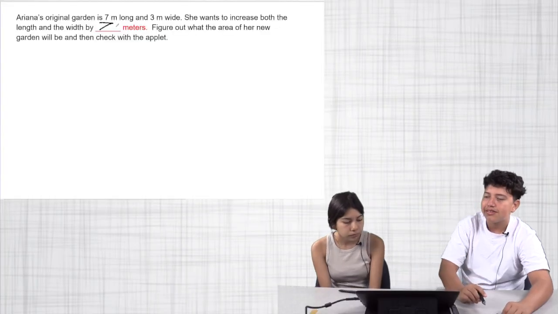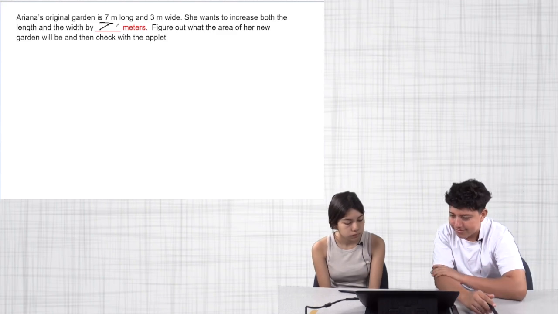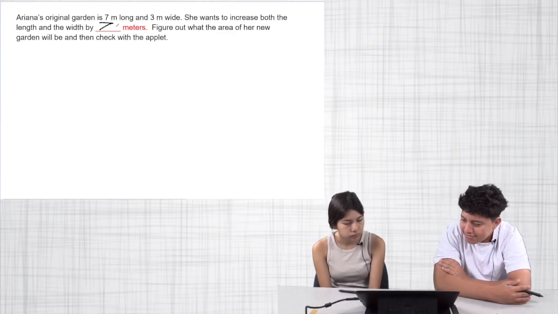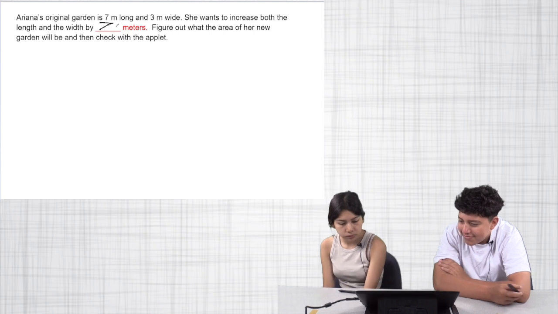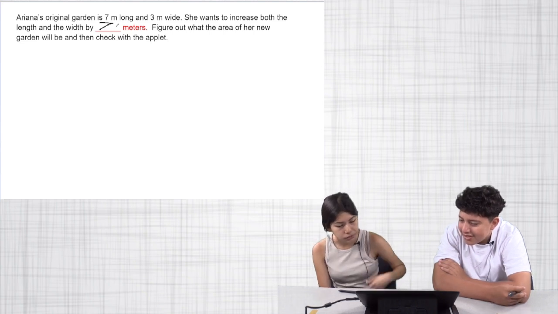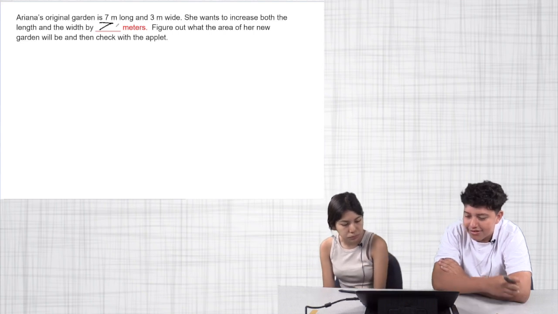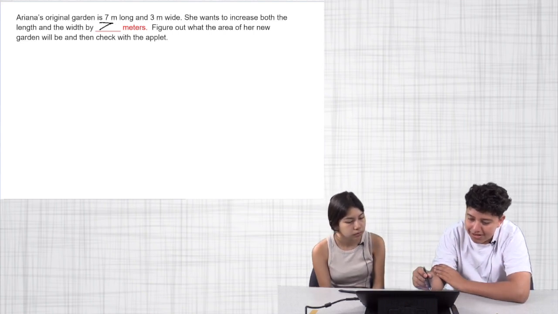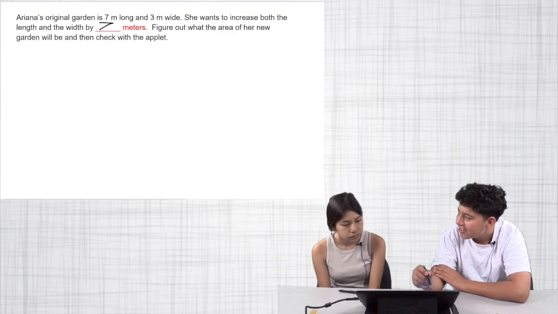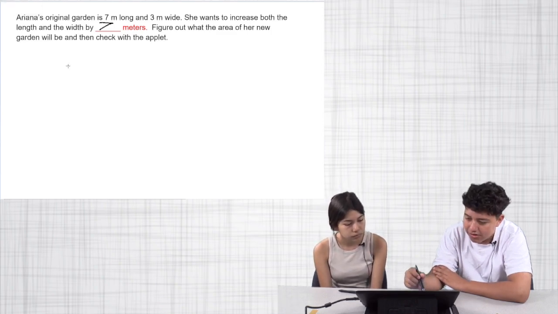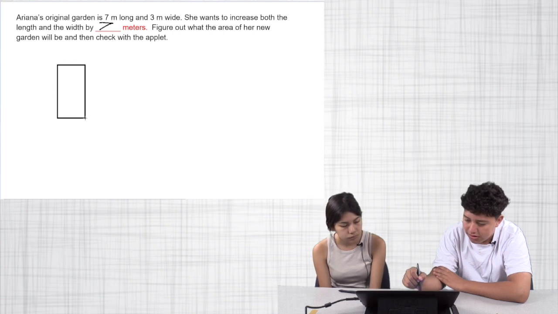And then could you talk together about what you're going to do to find the area of the new garden before you do it? Draw the original. And then extend it by the 7 on both. Or should I do it more in the middle?